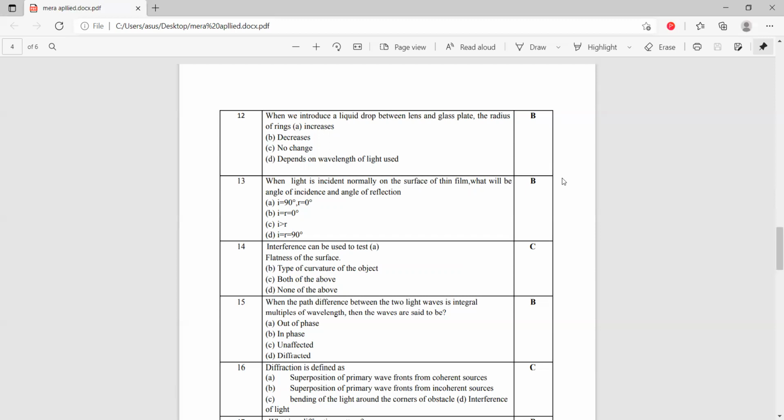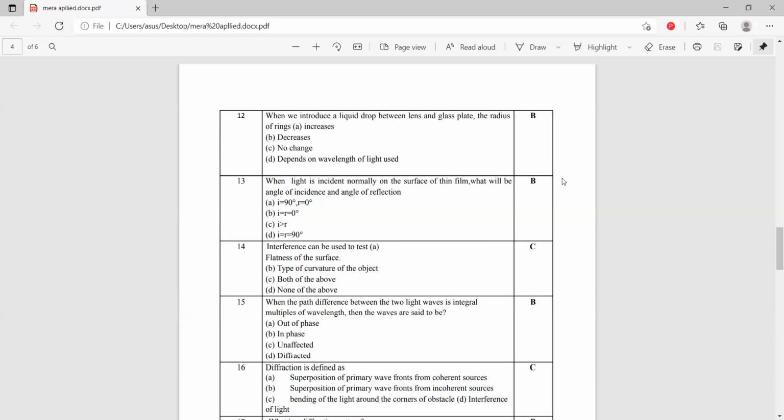Option C, angle of incidence is greater than angle of reflection. Option D, both are equal to 90 degrees. So the correct answer is both equal to 0 degrees. The reason is, if the light falls exactly at the normal, it will reflect back at 0 degrees.